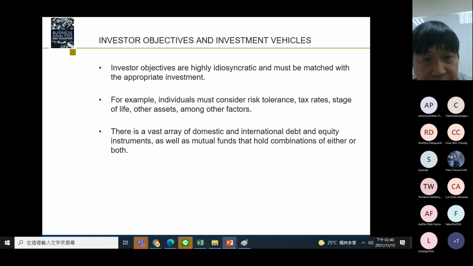For example, individuals must consider risk tolerance, tax rate, stage of life, and other assets, among other factors. There is a vast array of domestic and international debt and equity instruments, as well as mutual funds that hold combinations of either or both.